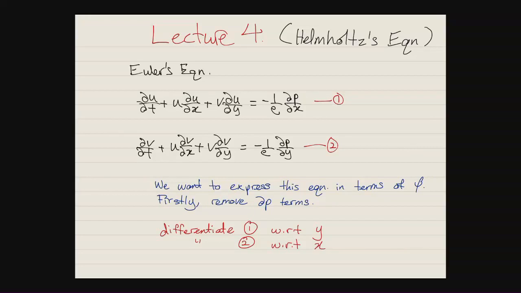Okay? So why do I want to do that? So I want to do that because if I differentiate this with respect to y, I'm going to get del squared p del x del y, right? And if I differentiate this equation here with respect to x, I'm going to get del squared p del x del y as well. Okay?